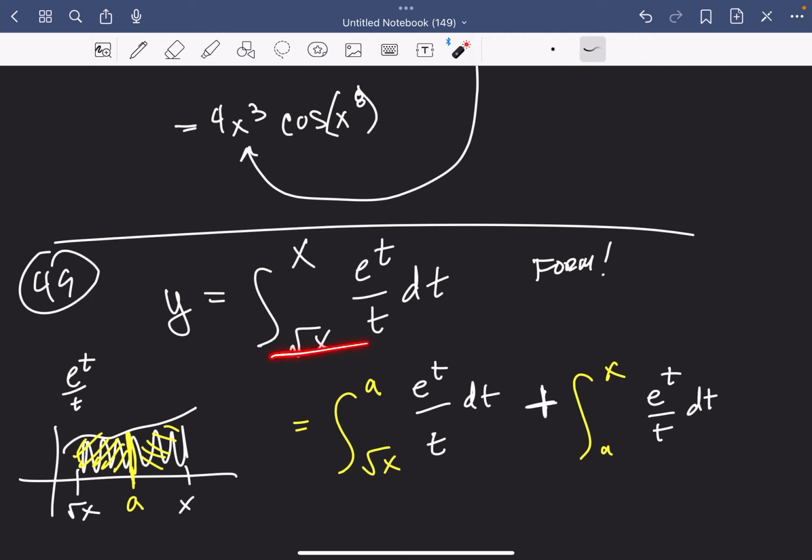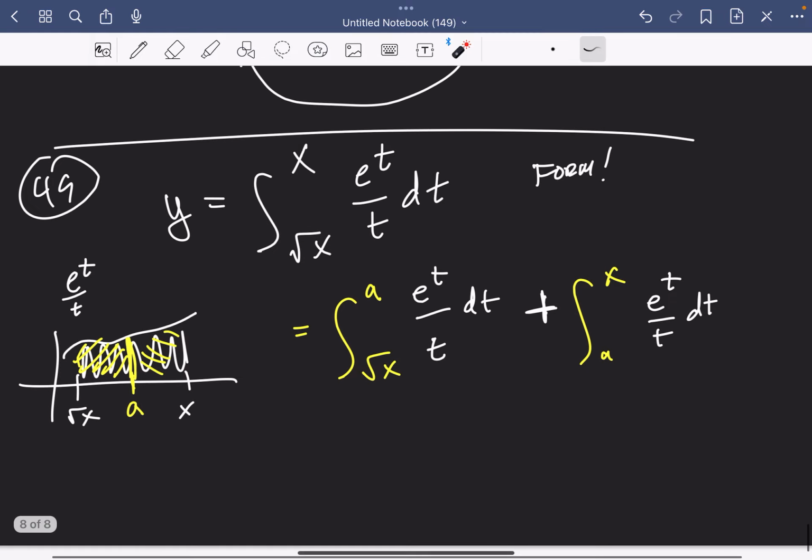So I've just taken one large area from the square root of x to x, found a number that lives in between those bounds, and broken up that integral. So there's an a that lives in between them, to the integral from root x to a, and then a to x.